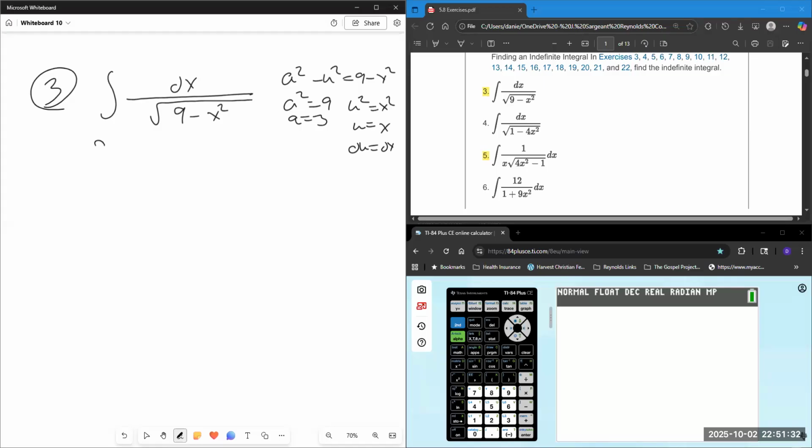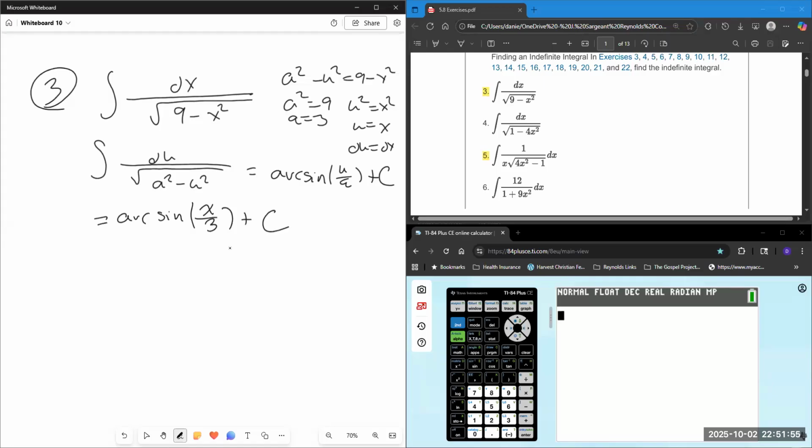So this is integral of du over root a squared minus u squared, which I know is arc sine of u over a plus c. And I just make my back substitutions there for u and a. So arc sine of x over 3 plus c.